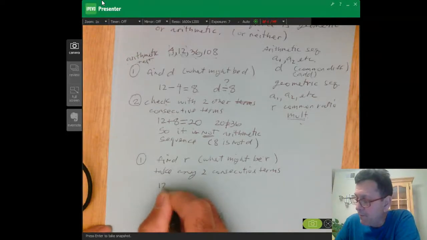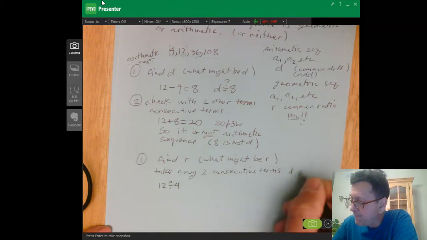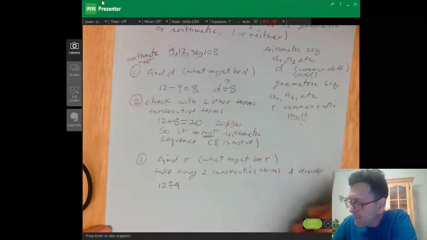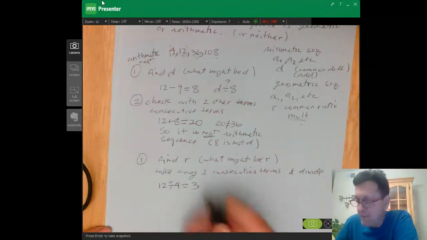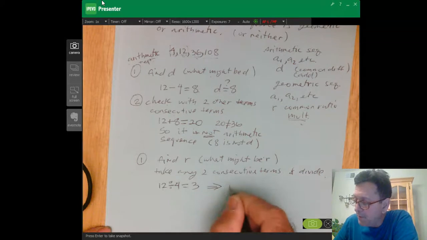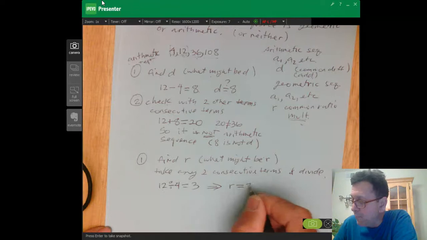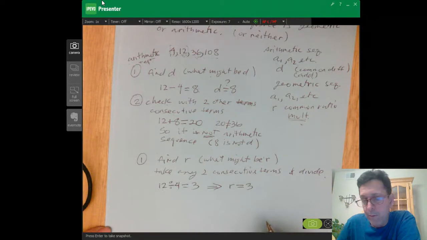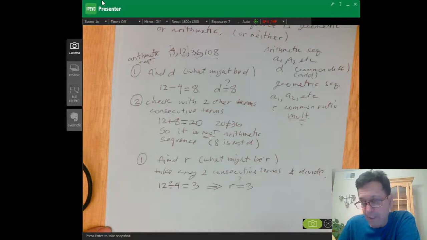So I'm going to take 12 and divide by 4. So 12 divided by 4 gives us 3. What that tells us is that if it's a geometric sequence, then R would be equal to 3. We don't know for sure that it's a geometric sequence right now, so we have to check that.